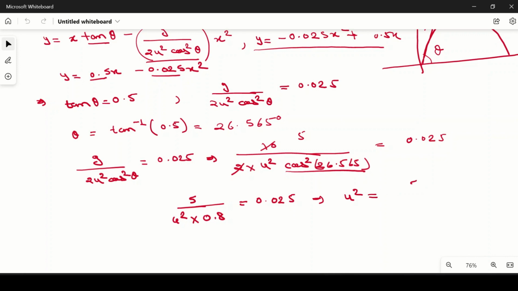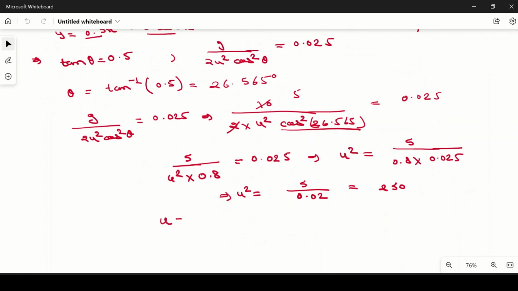U square is equal to 5 divided by 0.8 into 0.025, which is 0.02. If you divide it, then you will get 250. 5 divided by 0.02 is 250. So u square is 250.